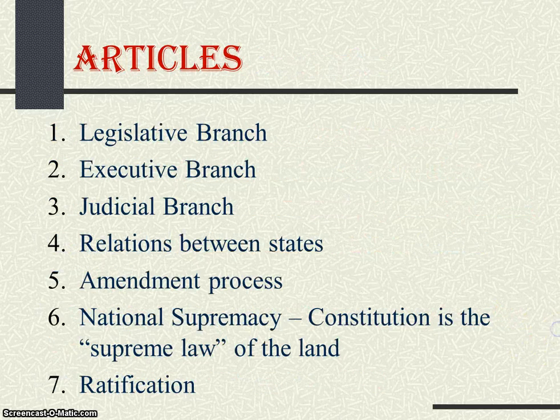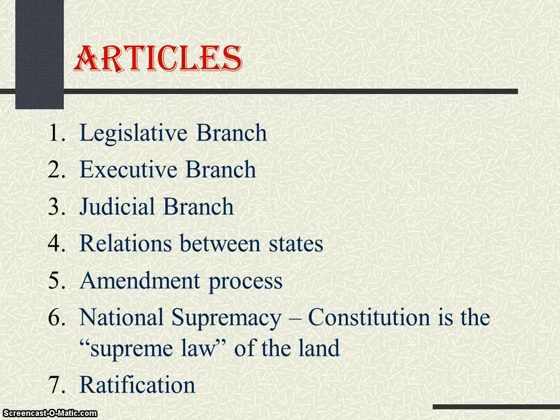After the preamble, you have the articles. There are 7 articles, as discussed before. The first article is on the legislative branch, your branch that makes the laws. The second, on your executive branch, your branch that enforces. Third, the judicial branch, the branch that interprets. The fourth article has to do with the relations between the states.